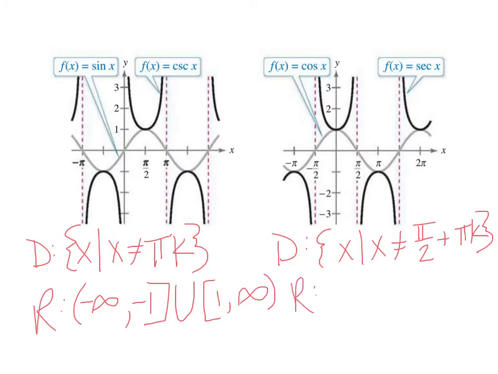Range actually has the exact same range, negative infinity up to and including negative 1, and, so union, positive 1, to positive infinity.